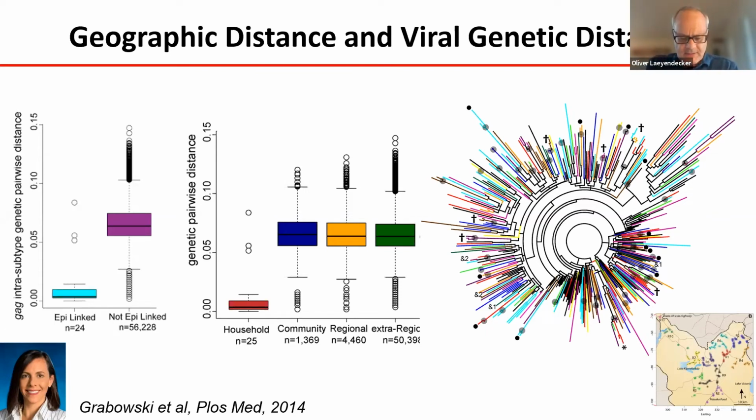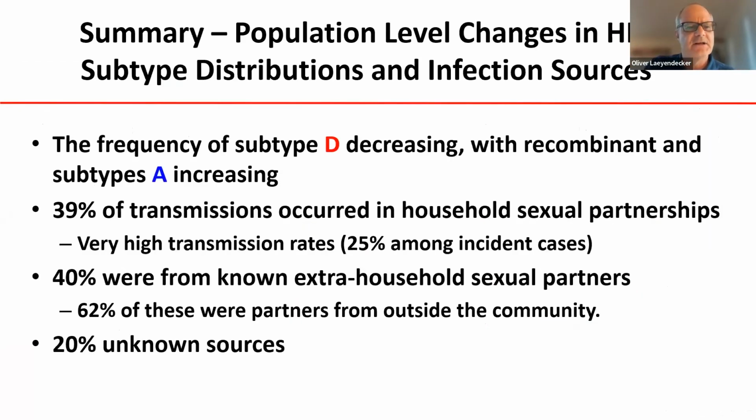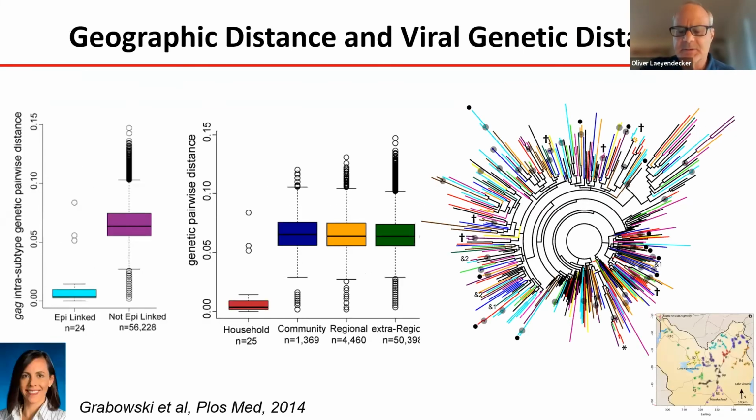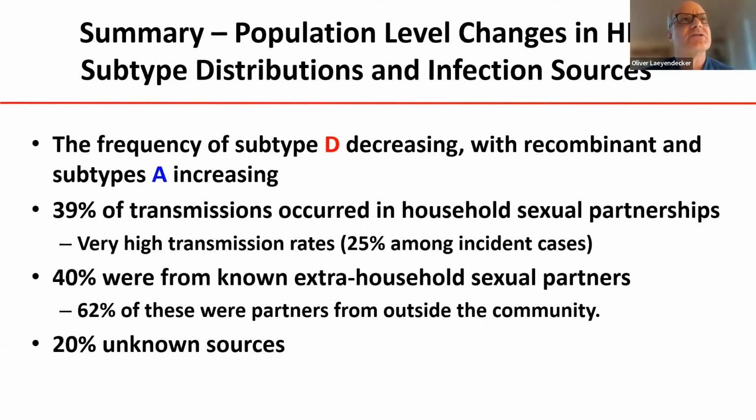So really you have a lot of household transmission, but beyond the household, there really isn't any type of signal. And so that actually has pretty profound implications on treatment as prevention if you're trying to saturate a particular location with antiretroviral drugs.